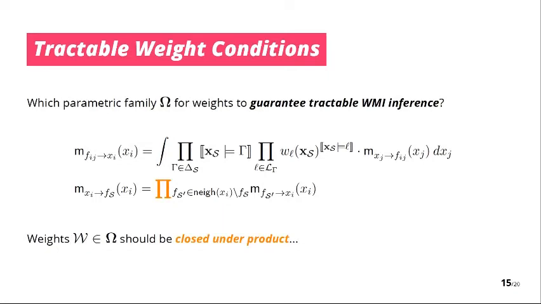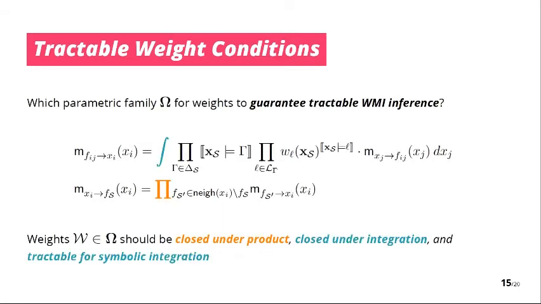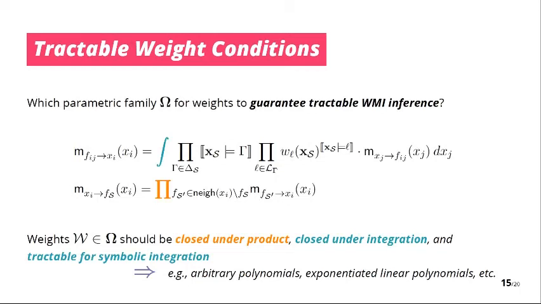The tractable weight conditions include that the weights should be closed under product, should also be closed under definite integration, and tractable for symbolic integration. Some example function families that satisfy tractable weight conditions include the general polynomial family, exponentiated linear function family, and the function family resulting from their product. By doing so, we are greatly expanding the class of weight functions you can use for tractable WMI inference.